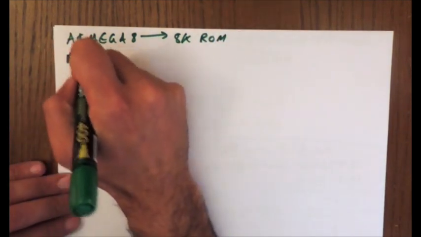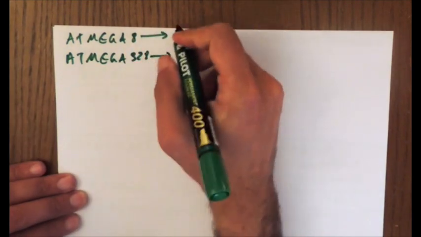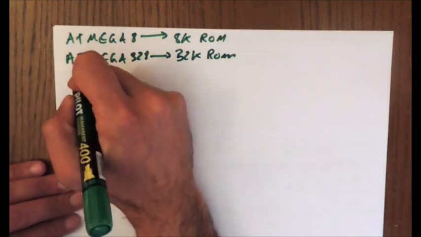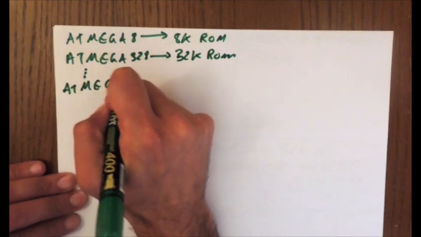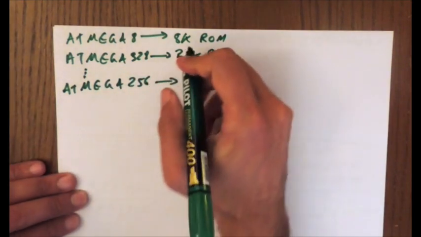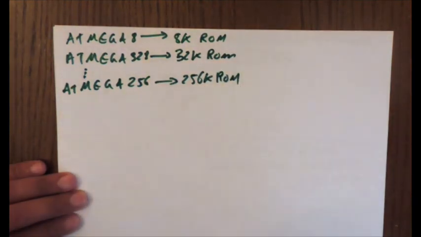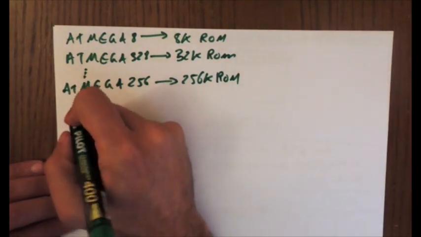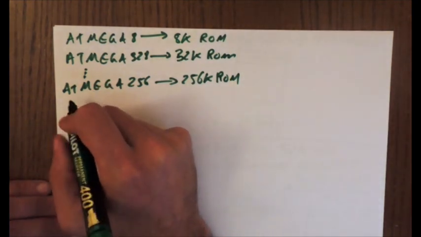We know that the Atmega328 has 32K ROM, and we have, for example, the Atmega256 with 256K ROM. So in order to accommodate all of these, the architecture gives the PC the maximum allowable amount of bits.